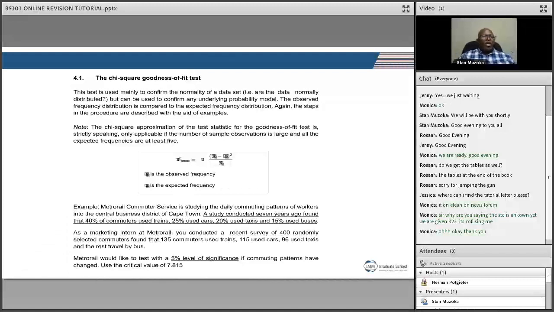We therefore use the chi-square goodness of fit test. The formula remains the same: chi-square is the summation of observed frequencies minus expected frequencies, squared, divided by expected frequencies, and you sum those up.